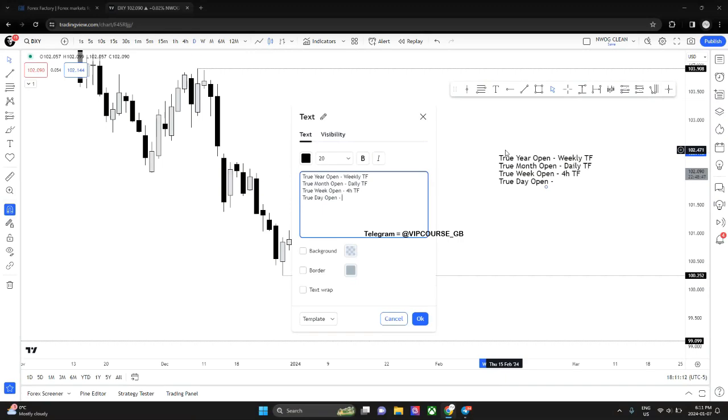Above true opens we get bearish, below true opens we're bullish, right? That's literally how it functions. For the true day open, you will need the 1 hour time frame. Yeah, now we're getting a little bit deeper, right?